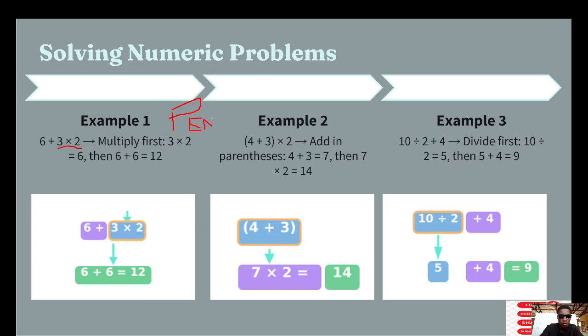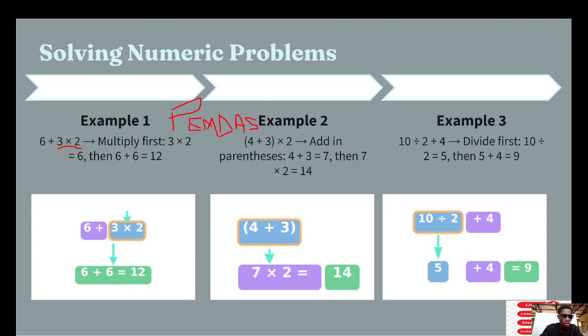Before you start, you can decide to write PEMDAS in any part of your work, and it will help you to remember which one to do and which one not to do.